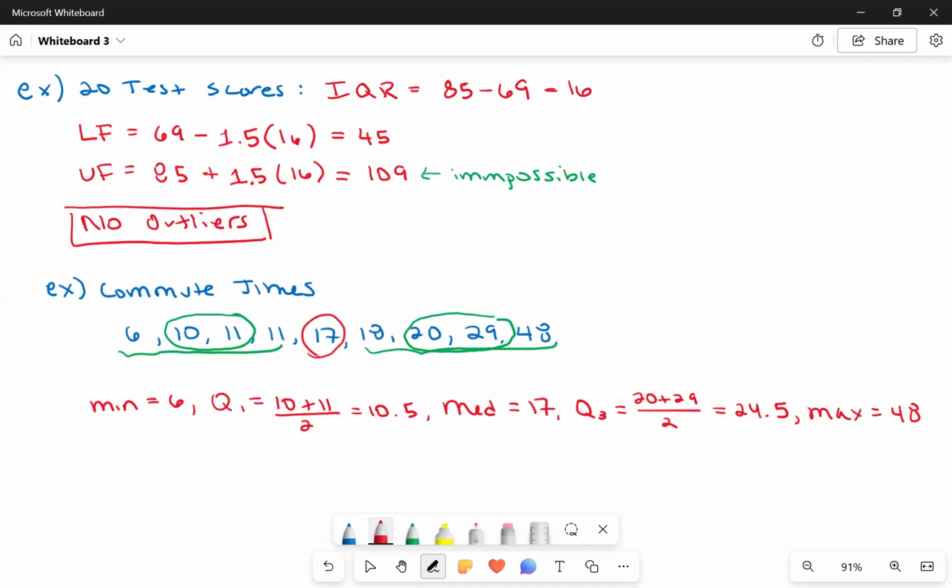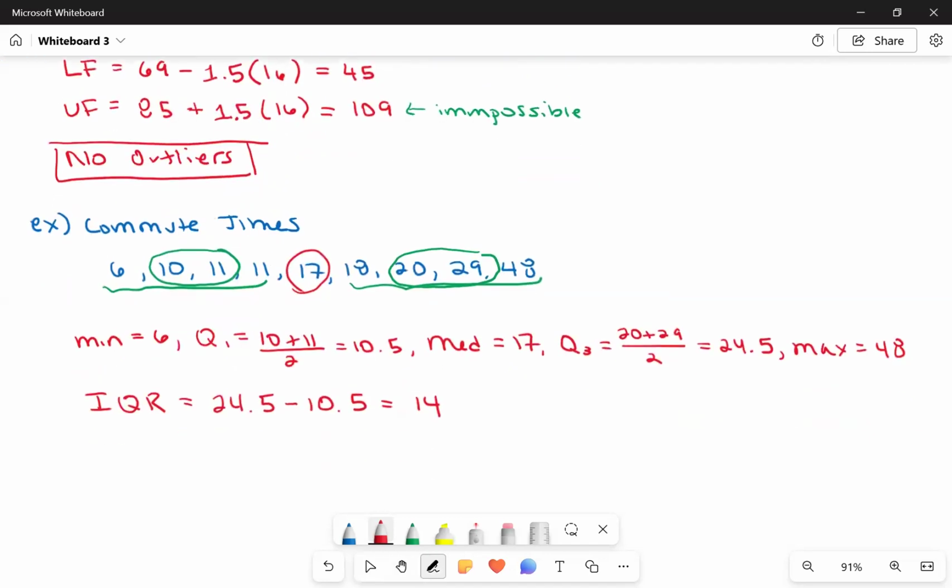Okay, so to find an outlier or to check for an outlier, let's use the lower fence. But before I do that here, sorry, let me find the IQR. So the interquartile range is going to be 24.5 minus 10.5, which is 14. Okay. So lower fence is Q1, 10.5 minus 1.5 times IQR.